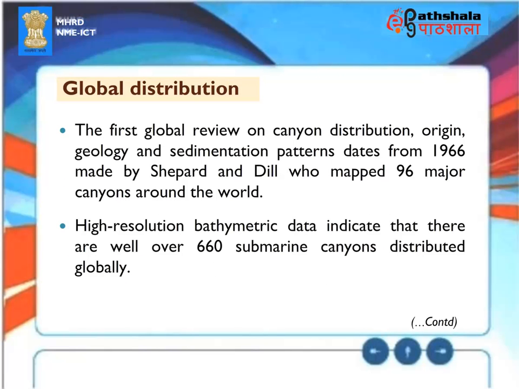Global distribution. The first global review on canyon distribution, origin, geology, and sedimentation patterns dates from 1966, made by Shepard and Dill, who mapped 96 major canyons around the world. High-resolution bathymetric data indicate that there are well over 660 submarine canyons distributed globally.